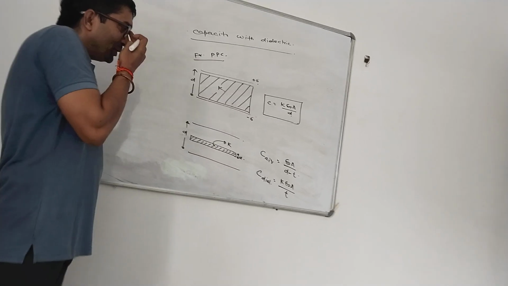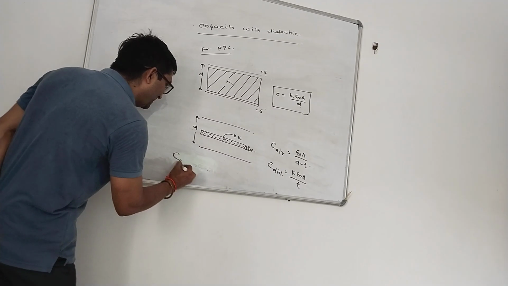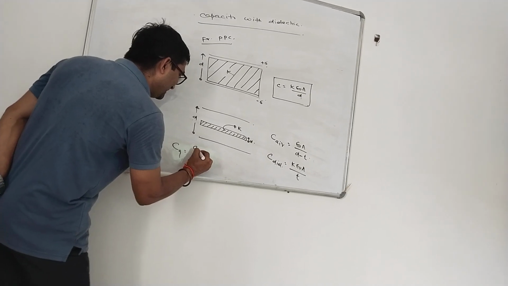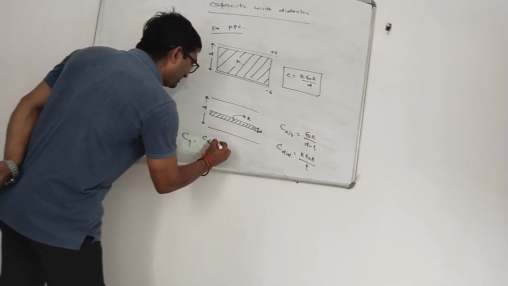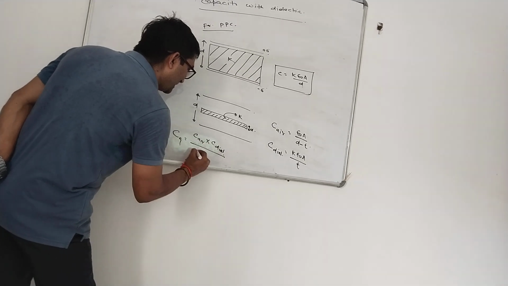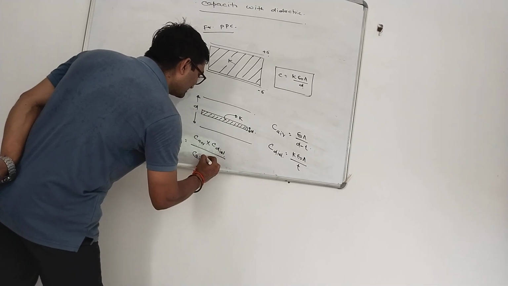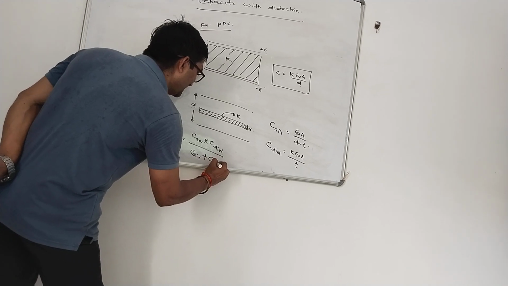And both are in series, so their equivalent becomes C air multiplied by C dielectric upon C air plus C dielectric.